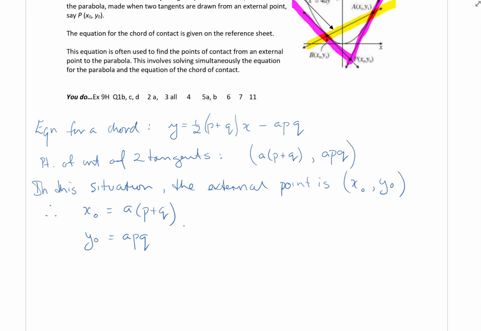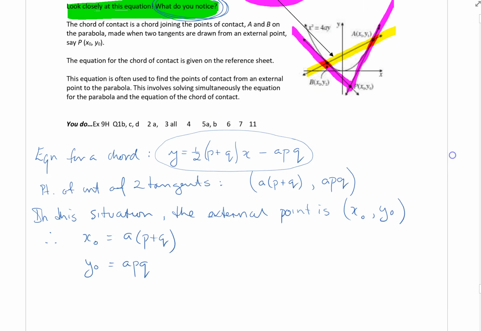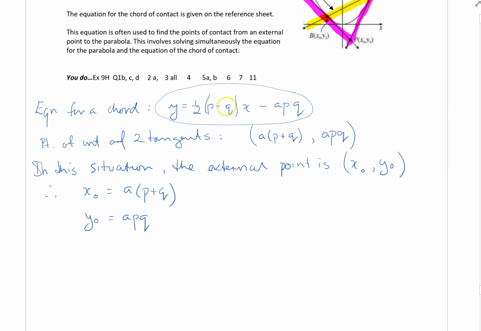Now, I'm going to use that, keeping in mind that I've got this equation and I want it not to have any p's and q's in it. So if I could just focus on what p plus q was, then I would be able to get an expression for p plus q.